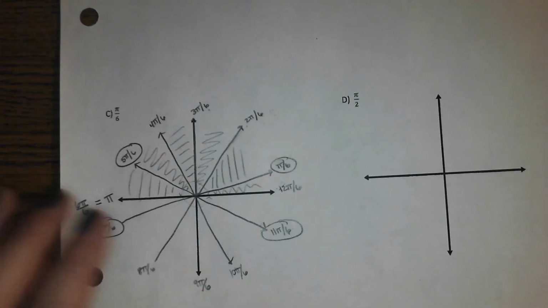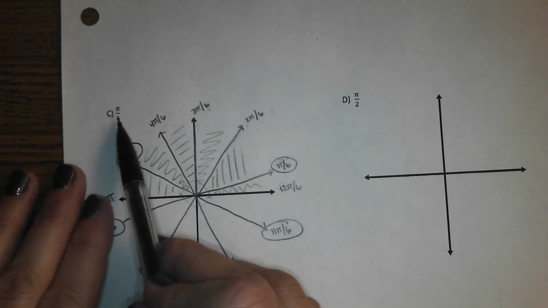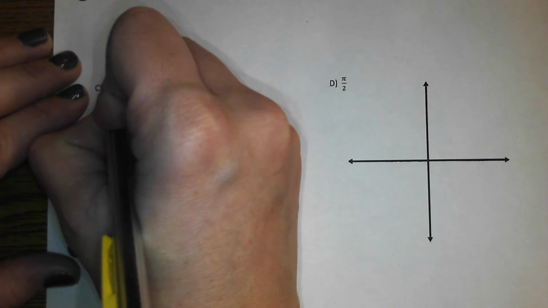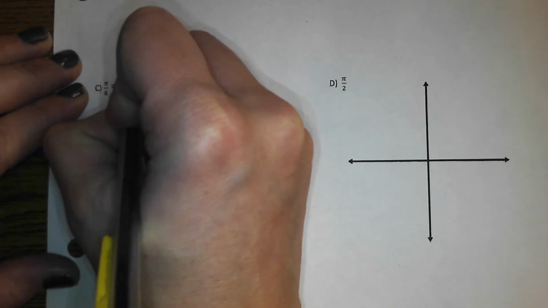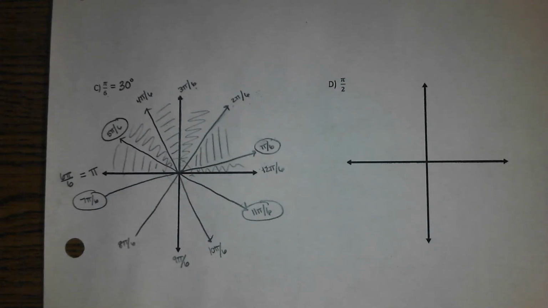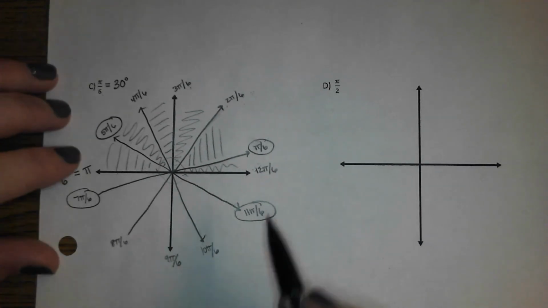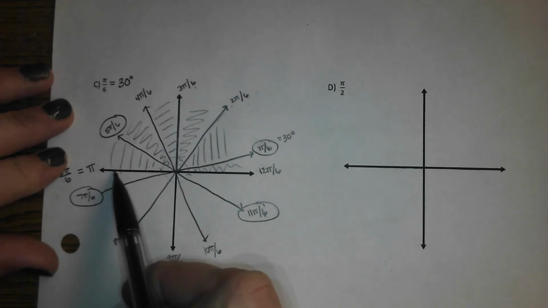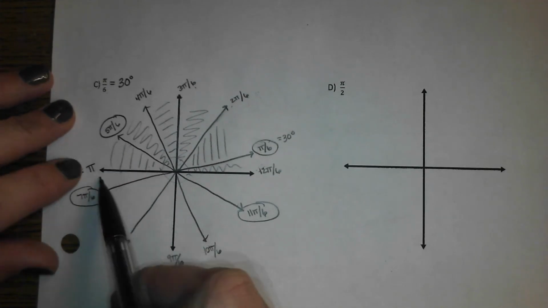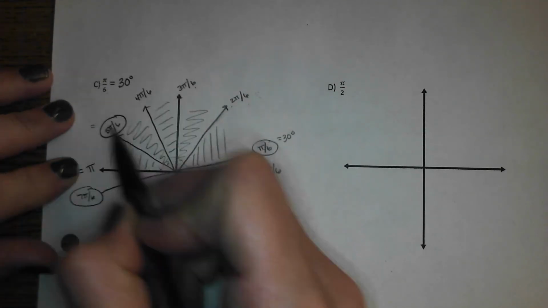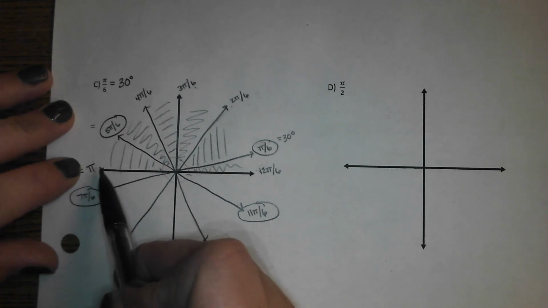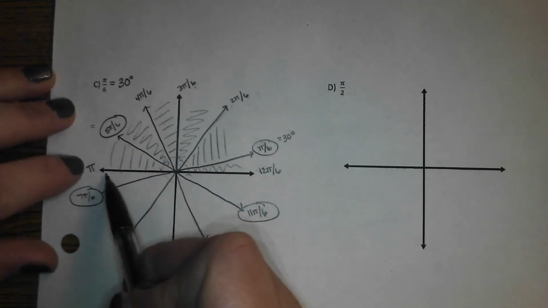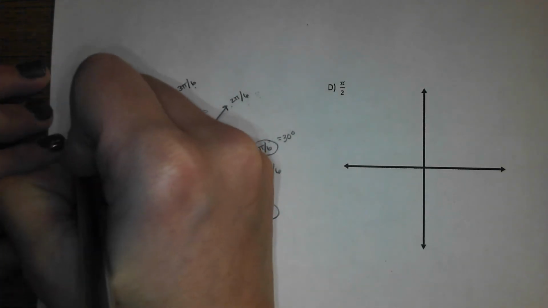And then pi over 2. Oh, wait, let's back up. If you split 180 degrees into 6 parts, what is that the equivalent of? 30 degrees. Good. So, not that we're doing this right now, but this is 30 degrees shy of 180, which would be what? If this is 180 degrees and this is 30 degrees prior, 150.